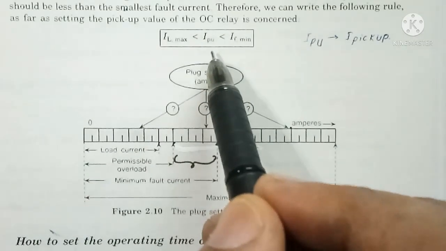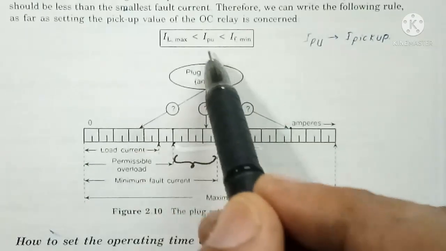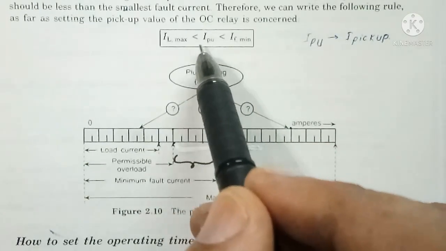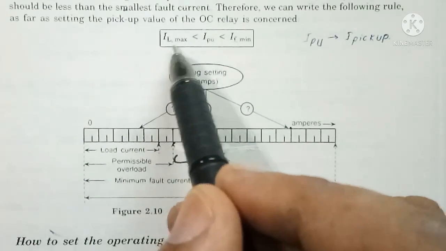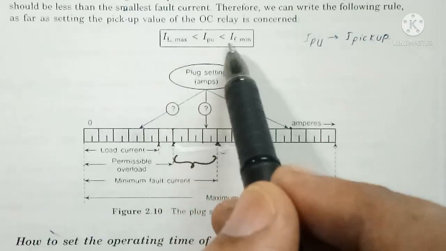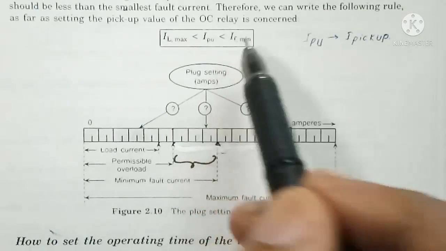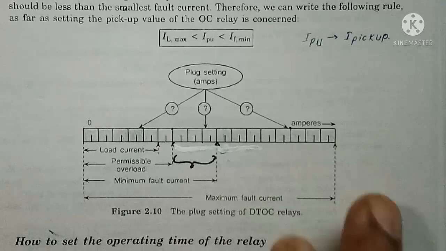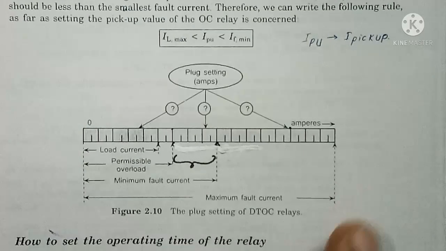So we can state it symbolically in this way. Pickup current should be more than maximum load permitted, and it should be less than minimum fault current of the system. So this is how we have to select the pickup current of overcurrent relay.